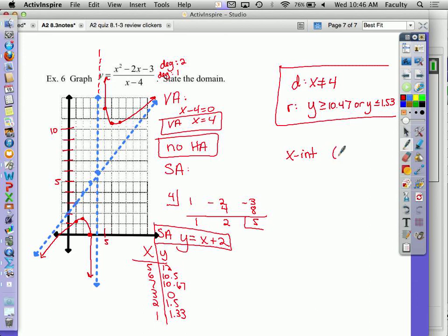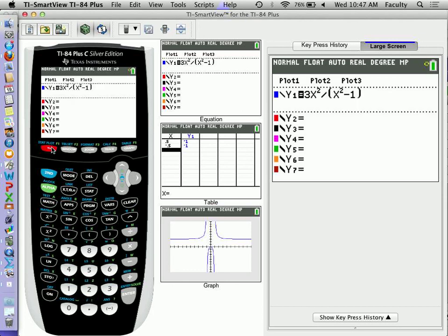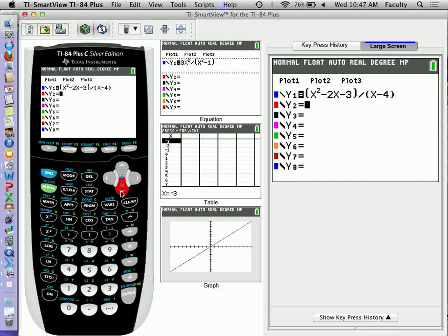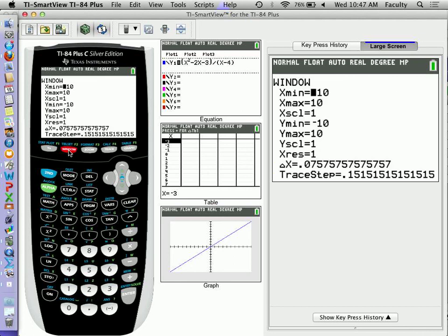Now, I have an x-intercept of 3, 0, but it hits again, doesn't it? So, let me go pop mine in real quickly. Alright, I'm going to go to y max and put it up to maybe 15.